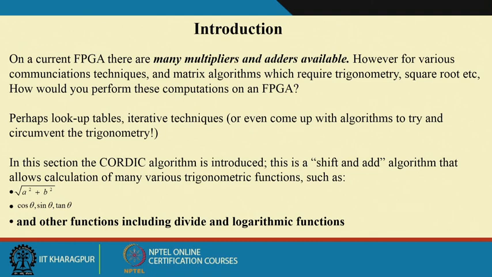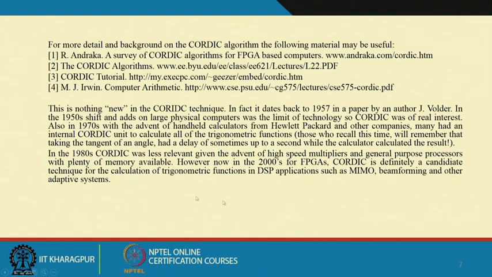Using CORDIC. The CORDIC algorithm requires only shift and add operations, and it can calculate trigonometric functions like the square root of a squared plus b squared, sin theta, cos theta, tan theta, and other functions like division and logarithmic function implementation. All this can be done using CORDIC.